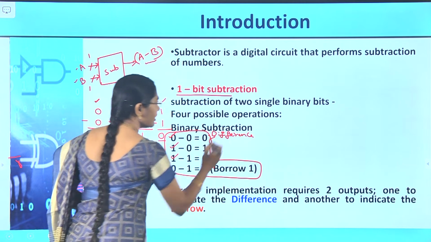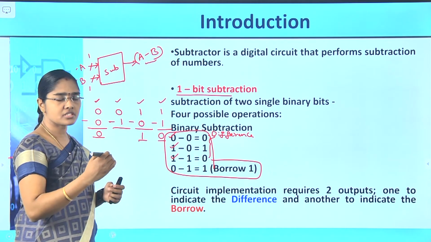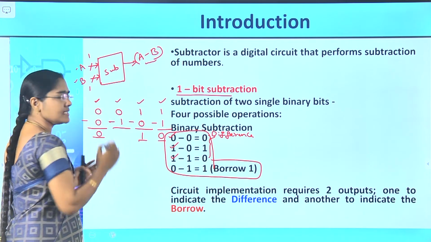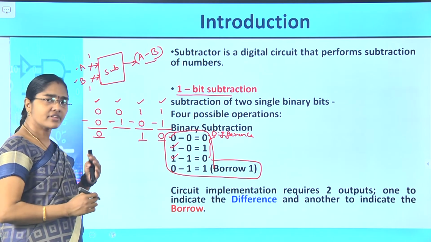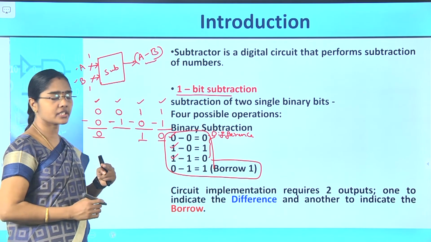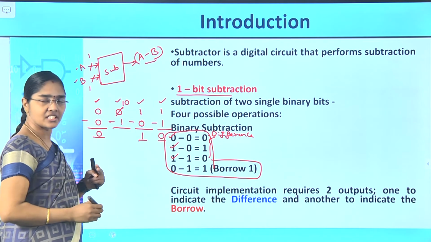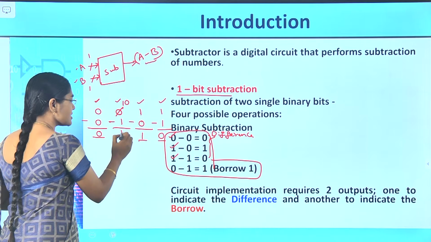And whenever subtraction is required between two numbers where the minuend is smaller than the subtrahend, that means like 0 minus 1, then definitely borrow is required. Here the borrow value is 1 0 in binary, that is in decimal equal to 2. 1 0 minus 1, difference is 1.